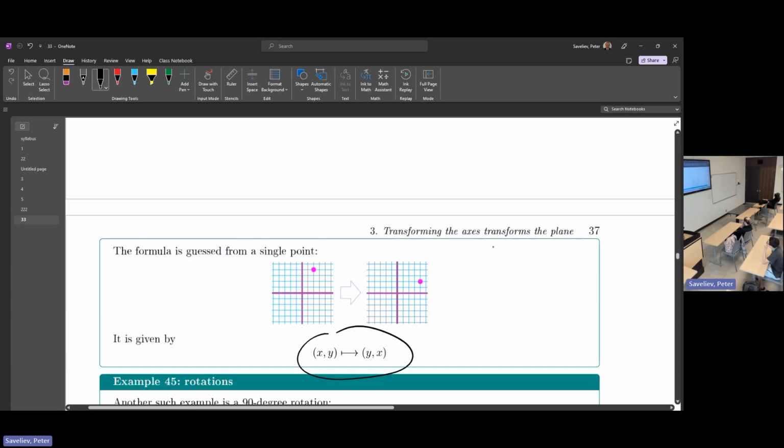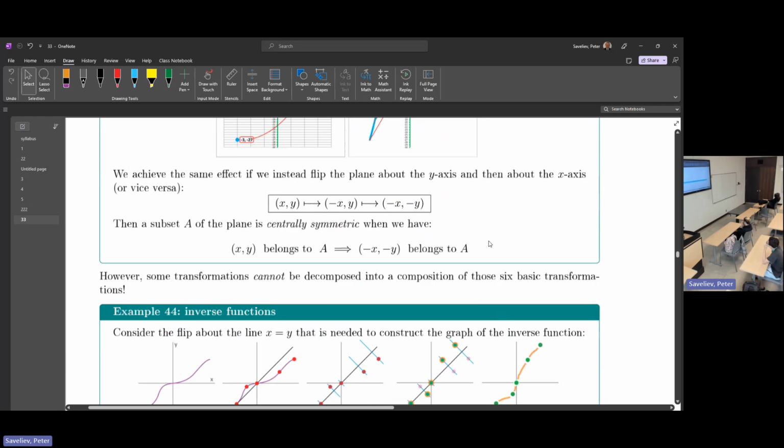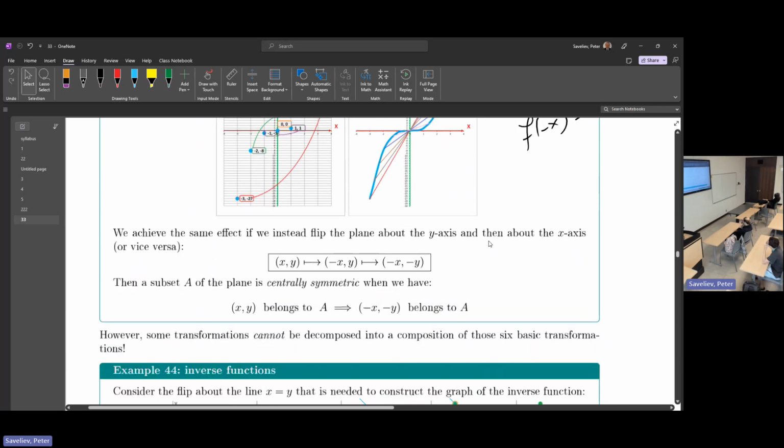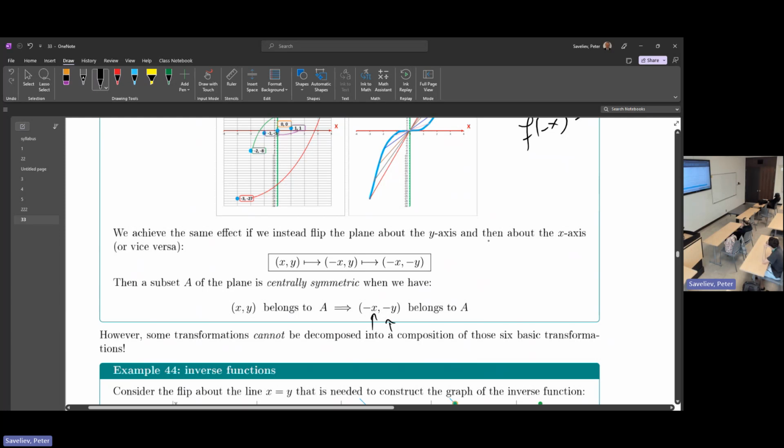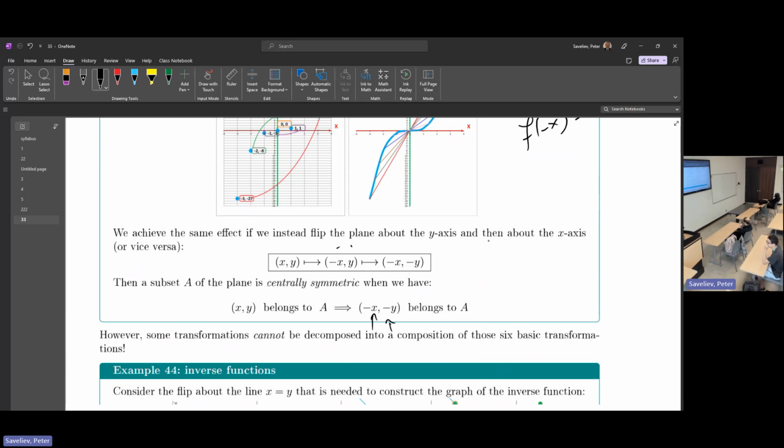Up until now, in every example the x is here and y is there. So y goes somewhere, and x's remain in the same place, because we were only thinking about horizontal transformations separately from vertical transformations.